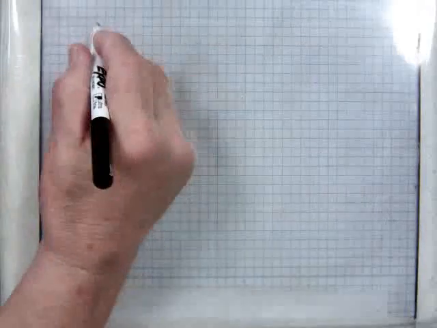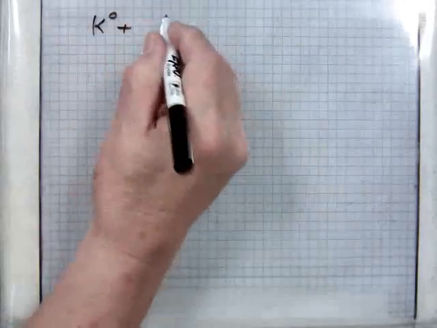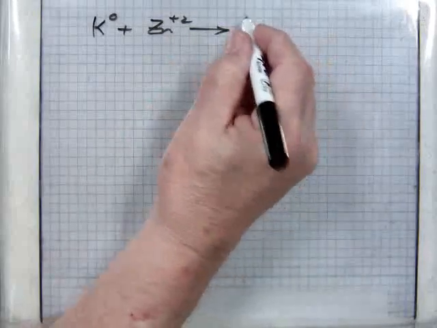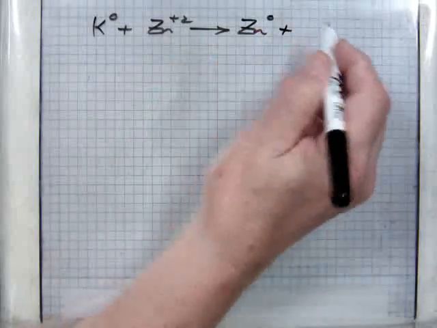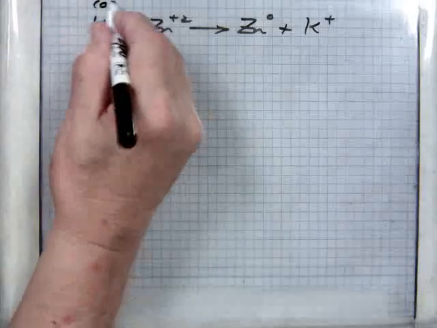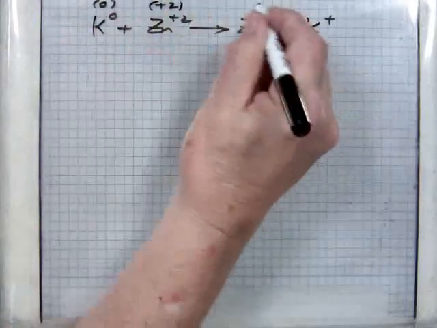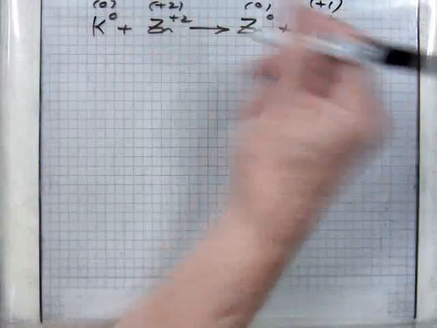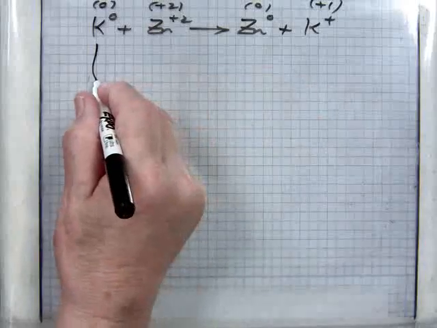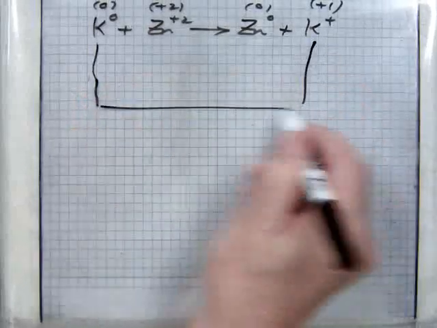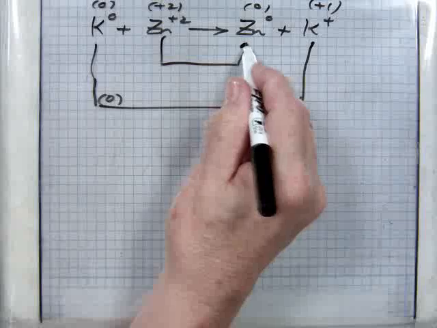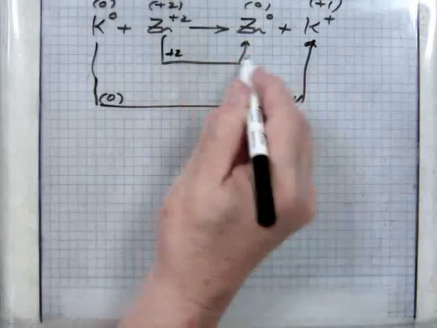Here we have a potassium plus a zinc going to neutral zinc plus potassium. Assigning oxidation numbers first. Here we go. Then we look at what's going on here. 0 to plus 1, and then plus 2 to 0.